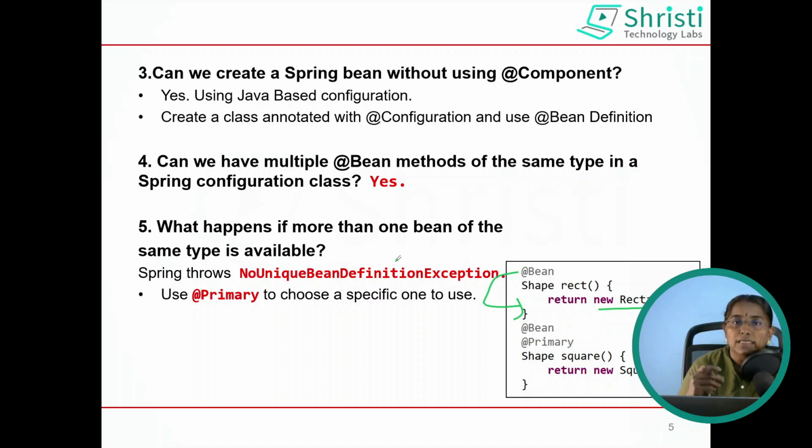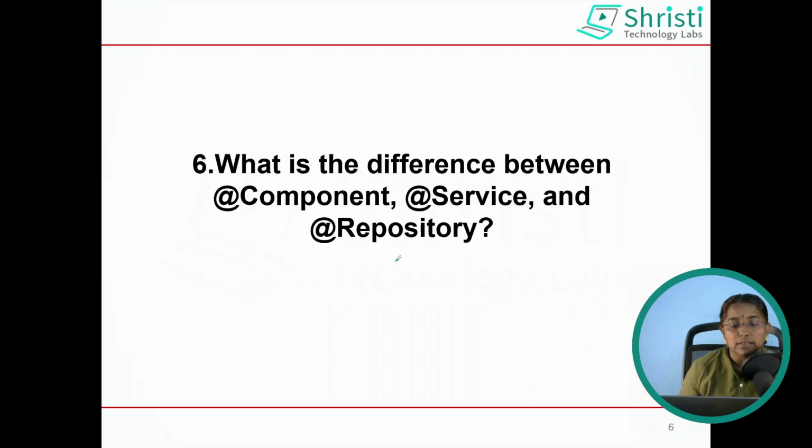To avoid that, you need to pick and choose a particular bean. For that, we can use the annotation @Primary. If at all we are using @Autowired in the other class where Shape is a property, we can also use @Qualifier annotation. But if you are working only with Java based configuration, the annotation that is getting used is @Primary.